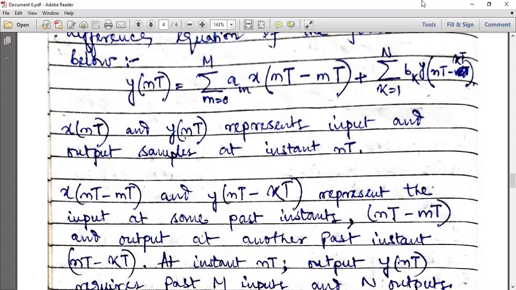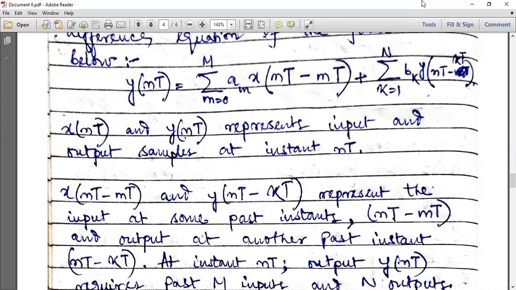You see, x represents the input, y represents the output. So x of nT minus mT represents the input at some past instant. What is the instant? The instant is nT minus mT. And y of nT minus kT represents the output at some other past instant. What is that past instant? It's nT minus kT.